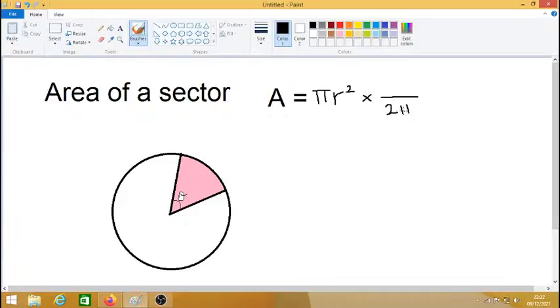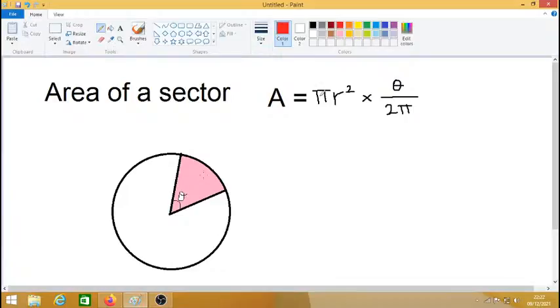And then on the top of the fraction, how much of that circle, how much of that 2 pi radians do I have? I have theta. So on the top goes the angle theta. So there's the area of a full circle times a fraction, which gives you the area of the sector. If you look carefully, you can do a little bit of cancelling.